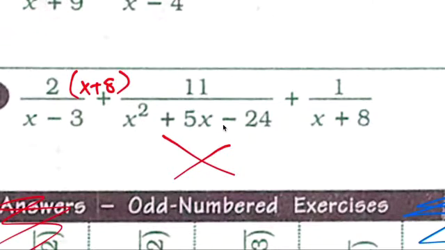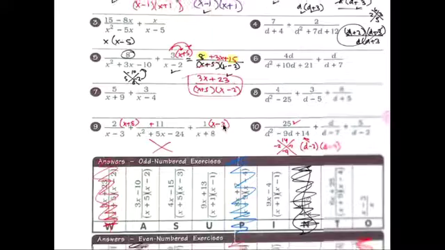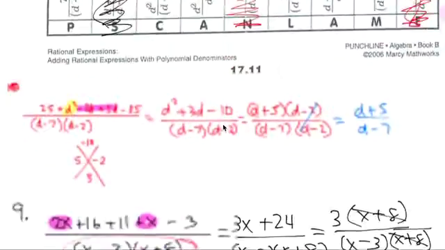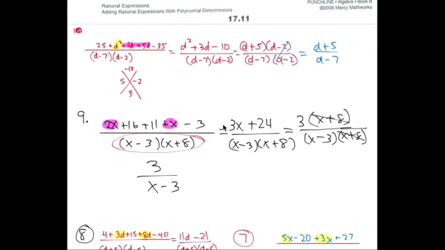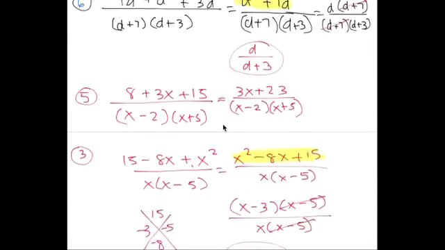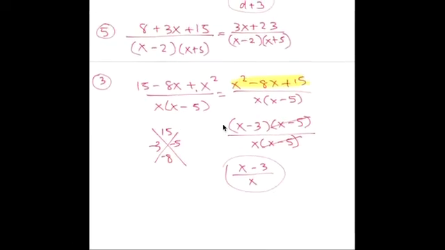It has that other one. This one stays the same. This one's missing x minus 3. That's how we got that answer. Simplify at the end. Factor out, simplify. Okay? And hopefully this helps.